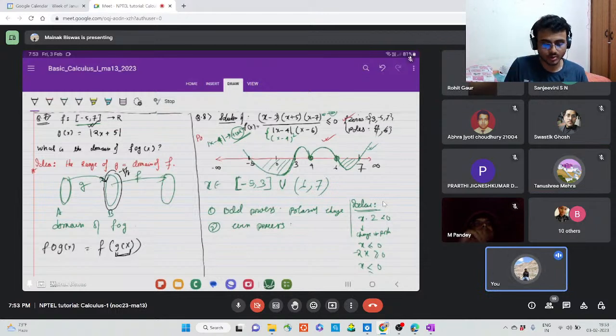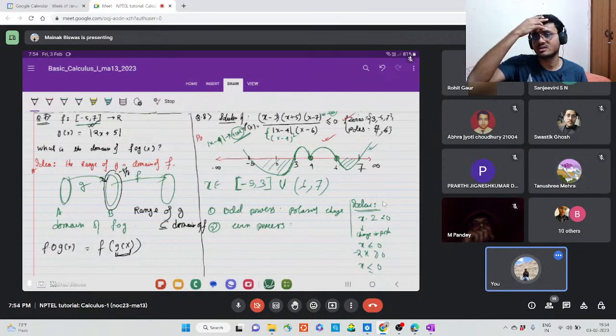This will be very useful. So see, your range of G has to be a subset of the domain of f, right? If you have some values in G that are outside f's domain, can f do that? Others? No. Tanushree, I know you understood. Anyone else?